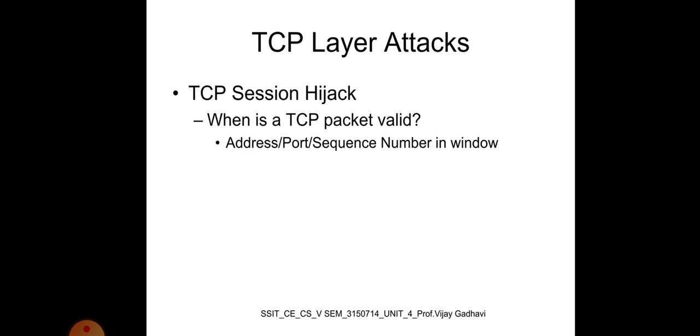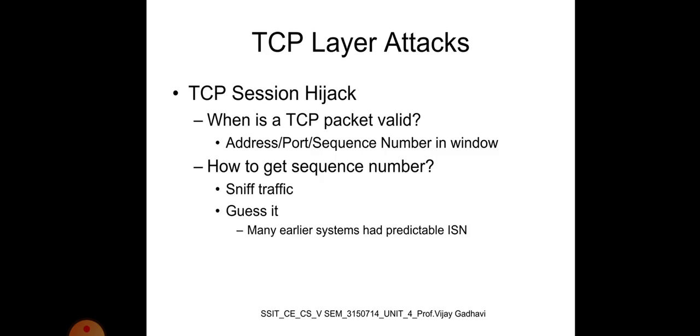It's identified by address, port, and sequence number in window. How to get a sequence number? You get the sequence number from sniffed traffic. You need to guess it, and many other systems have predictable ISN.